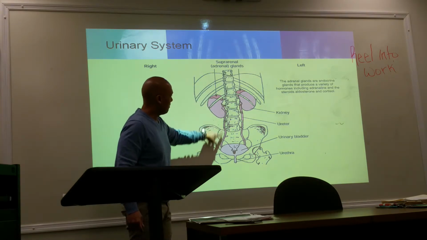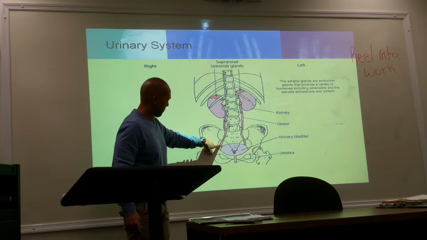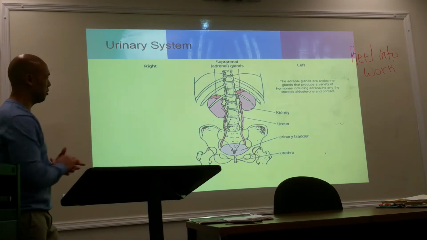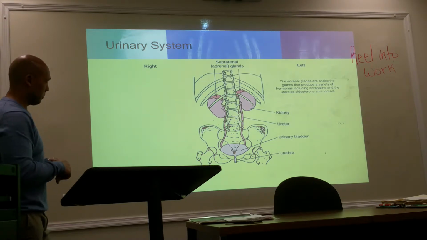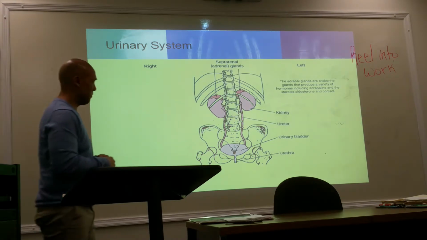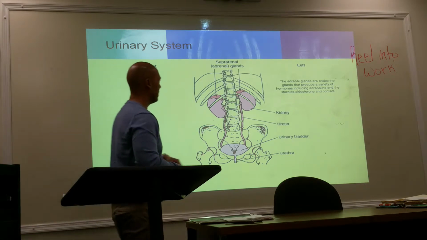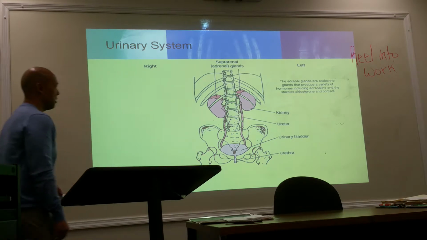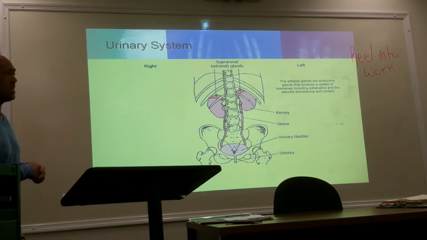The ureter is also going to be shorter than the one on the left. One of the accessory organs to the kidney is the adrenal gland. Although it's located in the abdomen, it's not part of the urinary system. It is part of the endocrine system.